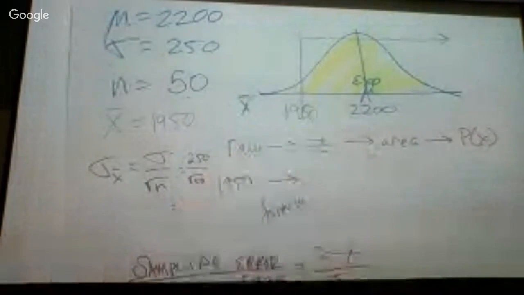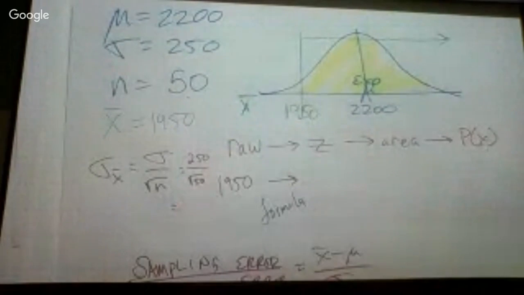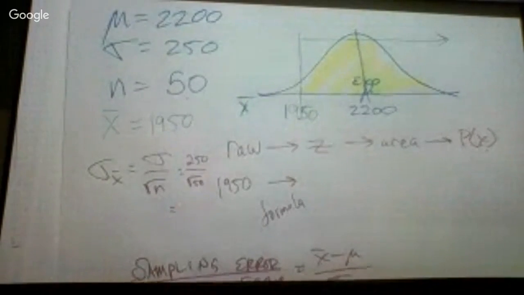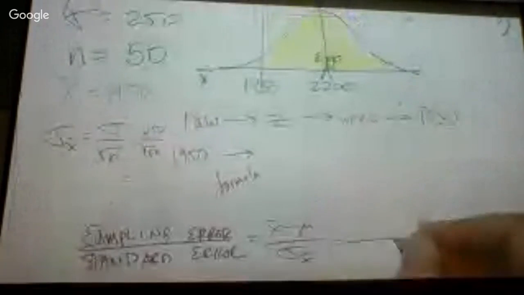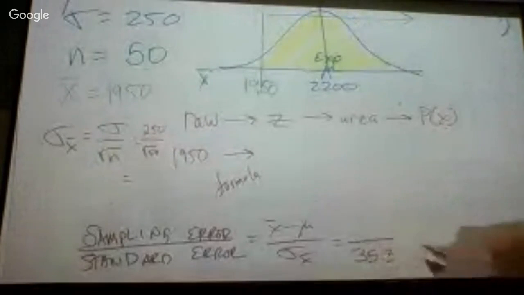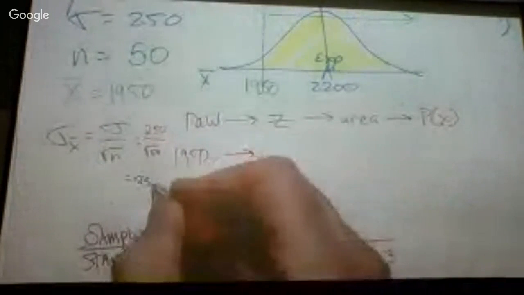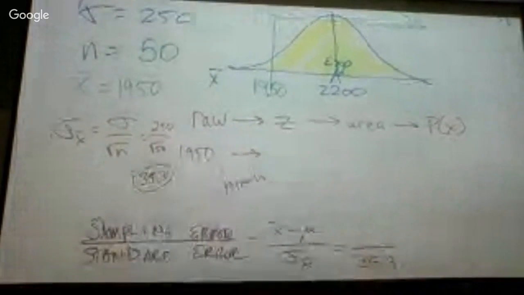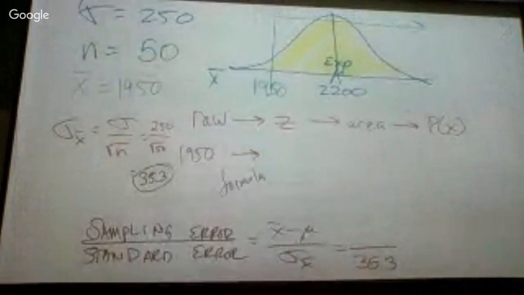It's going to get me like 25 divided by 7, which is like 35. So I've got some 35.3. Really, it doesn't matter. 35, we're going to see shortly, is the biggest point.